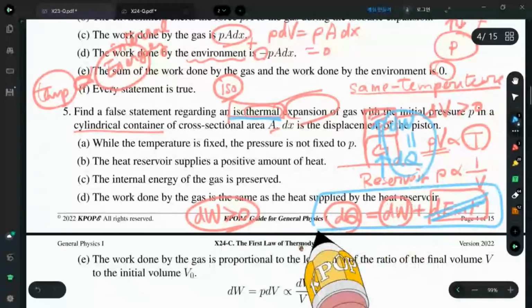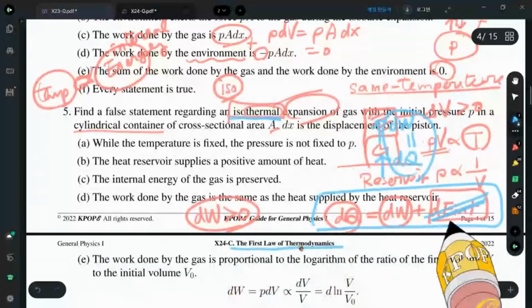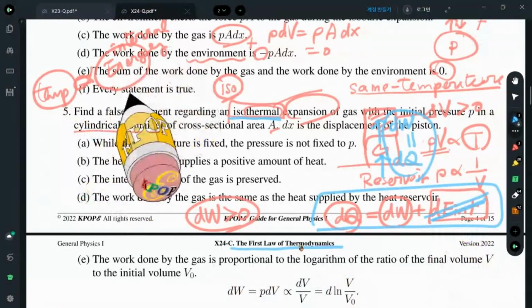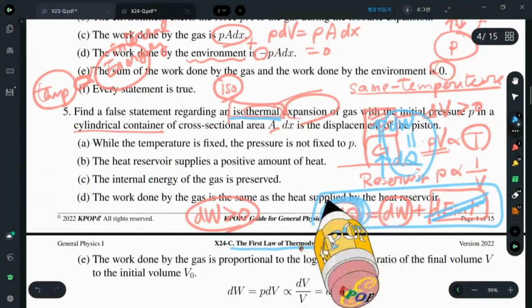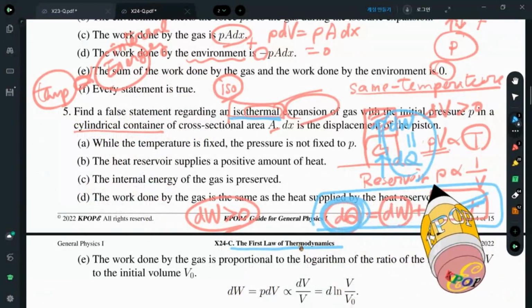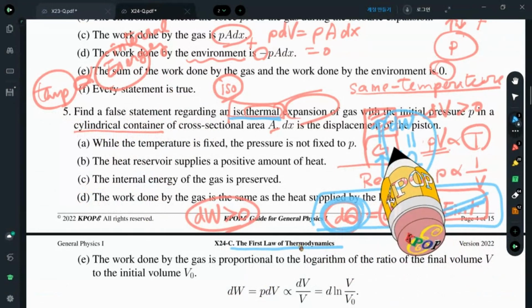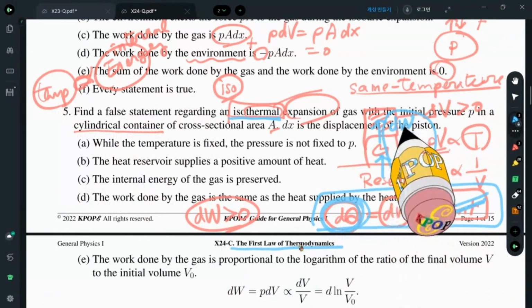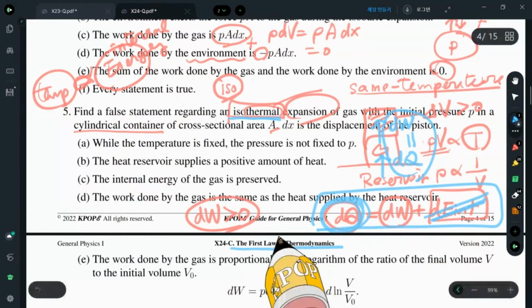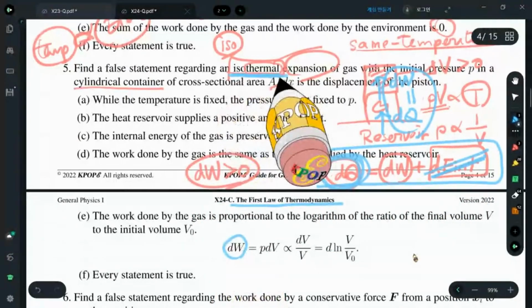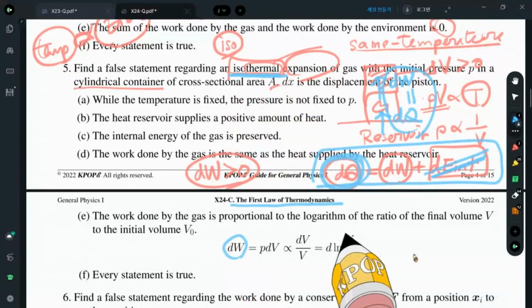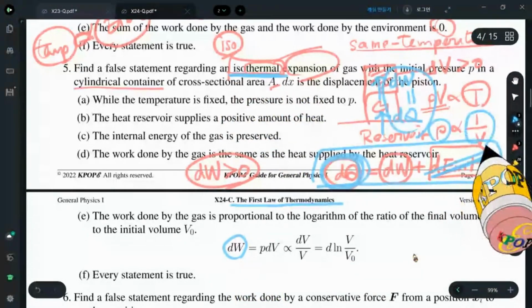According to the conservation of energy, that is the first law of thermodynamics, if you have internal energy constant, then the heat supplied by the heat reservoir to the gas is exactly the same as the work done by the gas. If I want to compute the work done by the gas in an isothermal process, we have pressure inversely proportional to the volume.